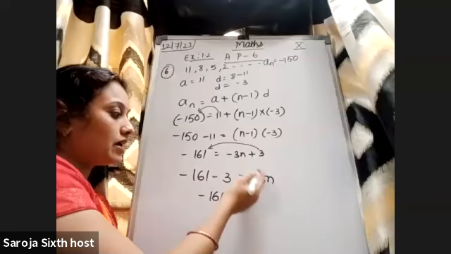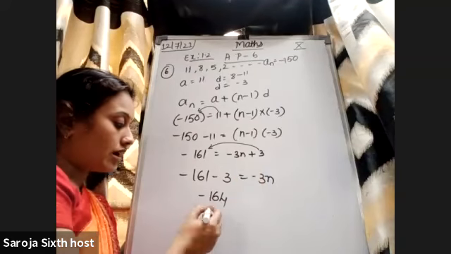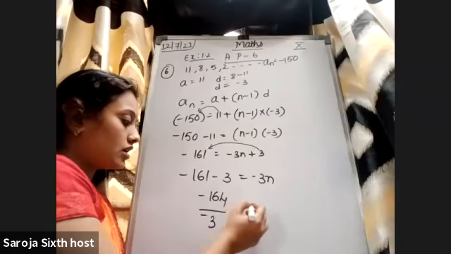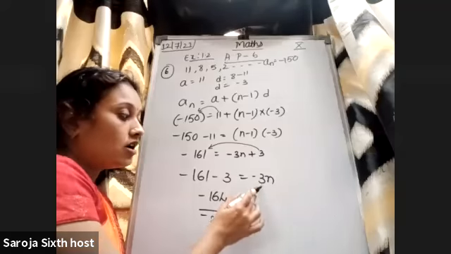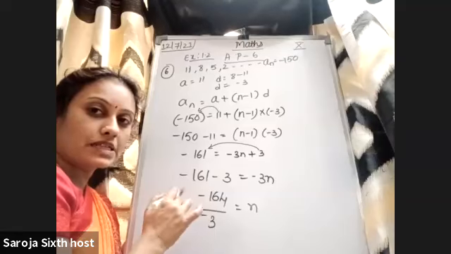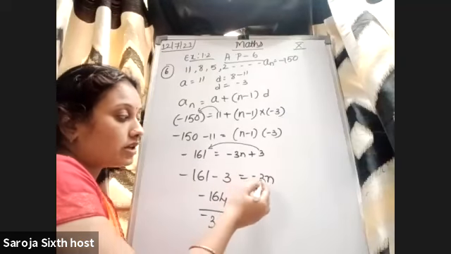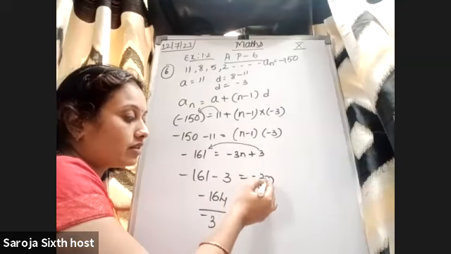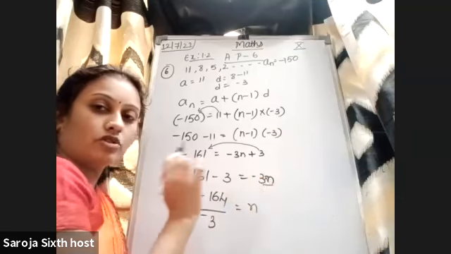So minus 164 divided by minus 3 is equal to N. Here, don't think that minus 3 becomes plus 3 when it comes here. See, you should check the relationship between the numbers.